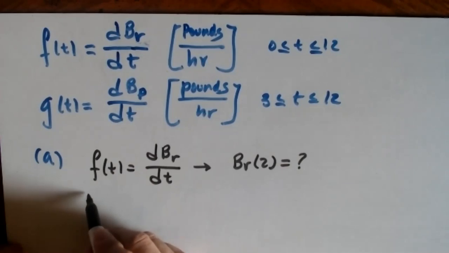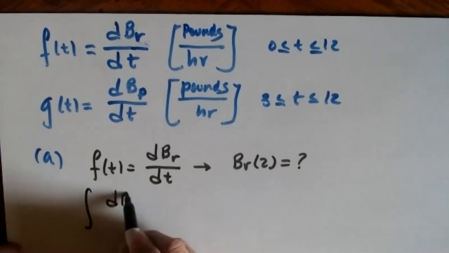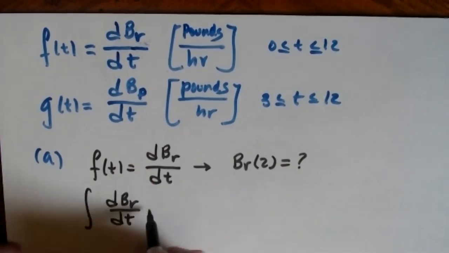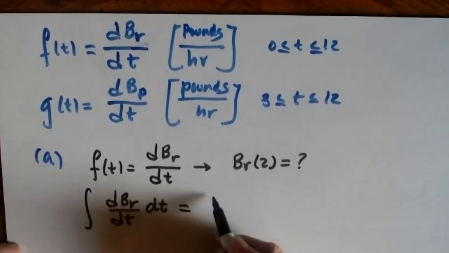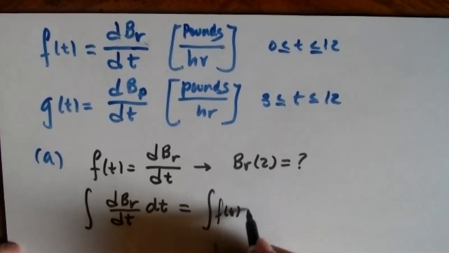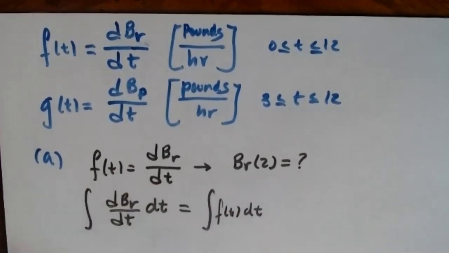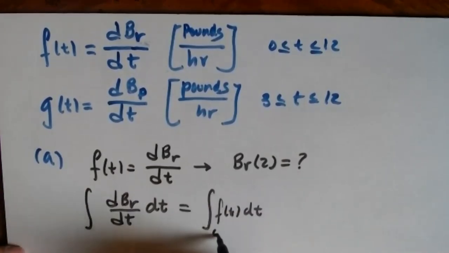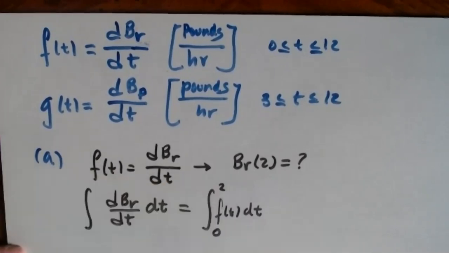So we have to do the integral of dBR/dt times dt equals the integral of f of t dt. Now, what integral do we have to do? Well, from 0 to 2 is the interval, since the store opened, 2 hours later.